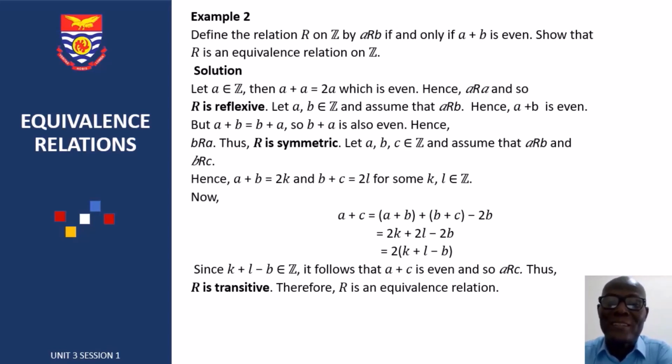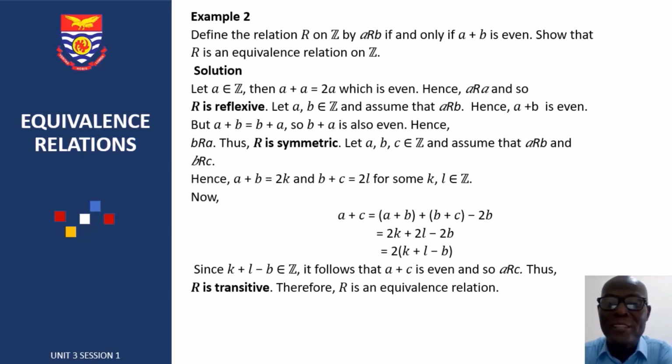To prove that the relation R is transitive, we take A, B, C as integers and assume that A relating to B and B relating to C implies A relates to C. Now for A relating to B, A plus B should give us an even integer. So if K belongs to the set of integers, then A plus B is equal to 2K, which is an even integer.